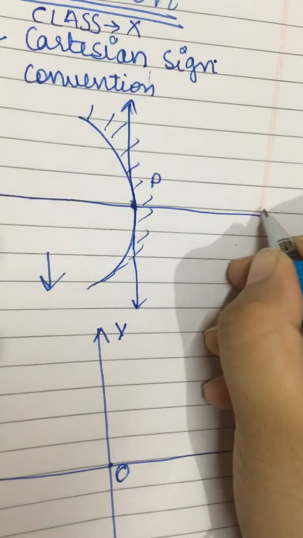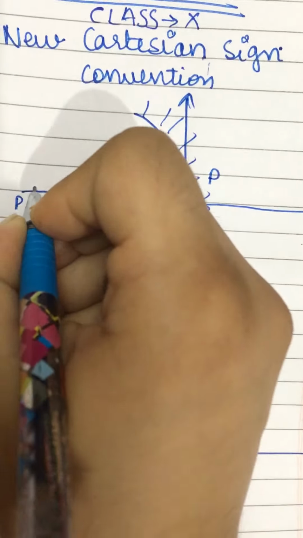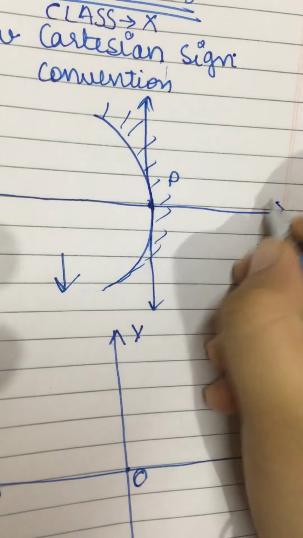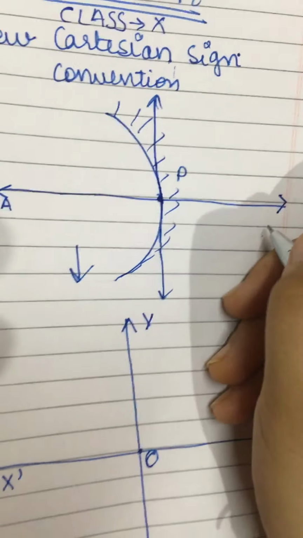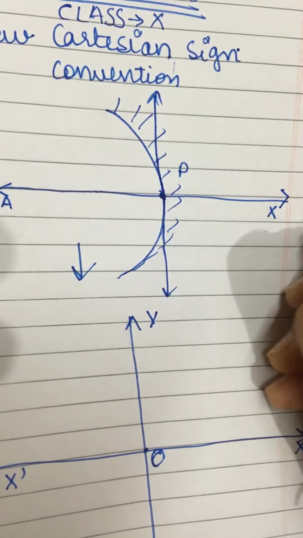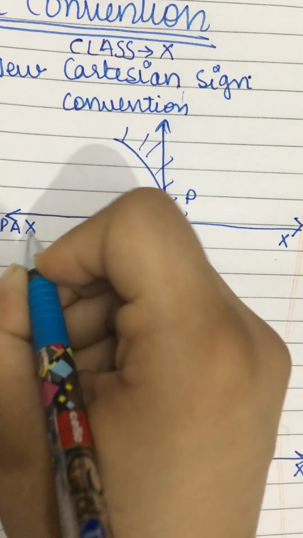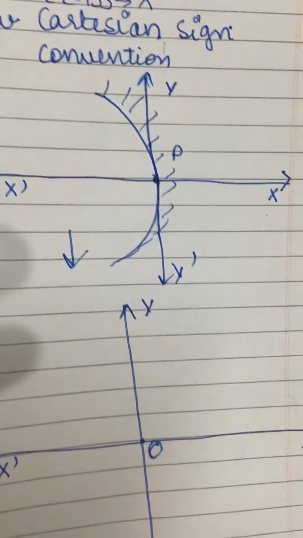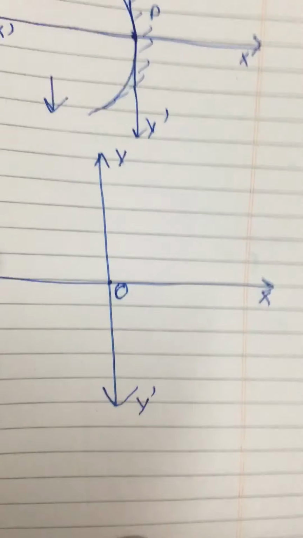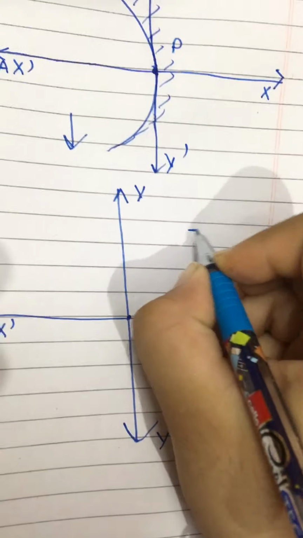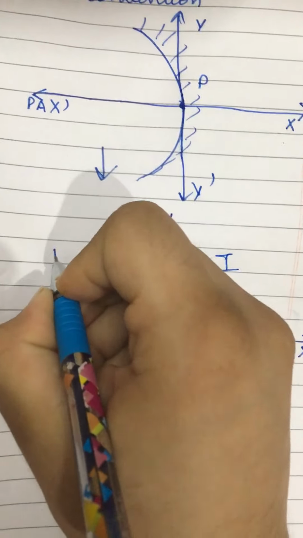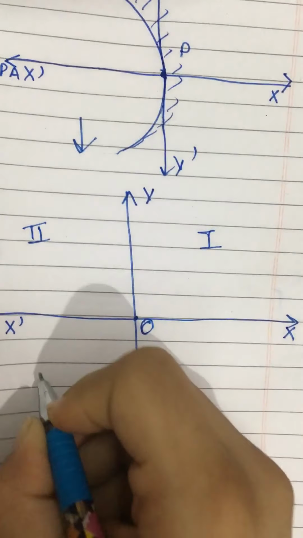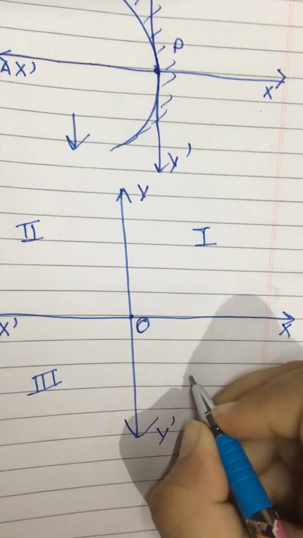Similarly, we can also write here for easier understanding: this is x axis, this is x minus axis, y positive axis, and y negative axis. So this is our first quadrant, this is second quadrant, this is third quadrant, fourth quadrant.